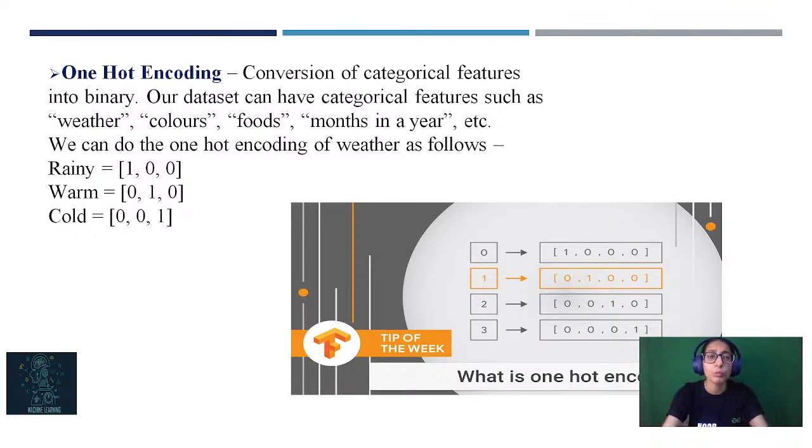So next, what is one hot encoding? One hot encoding is a conversion of categorical features into a binary form, and it is much used in the data set, as we need in digital circuits.